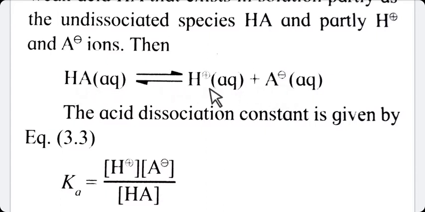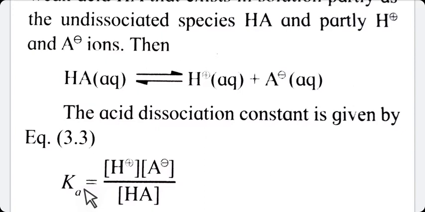For this general reaction, the acid dissociation constant Ka is equal to concentration of H plus, concentration of A minus upon concentration of HA. Now students, suppose that the quantity of HA, means weak acid, is 1 mole.